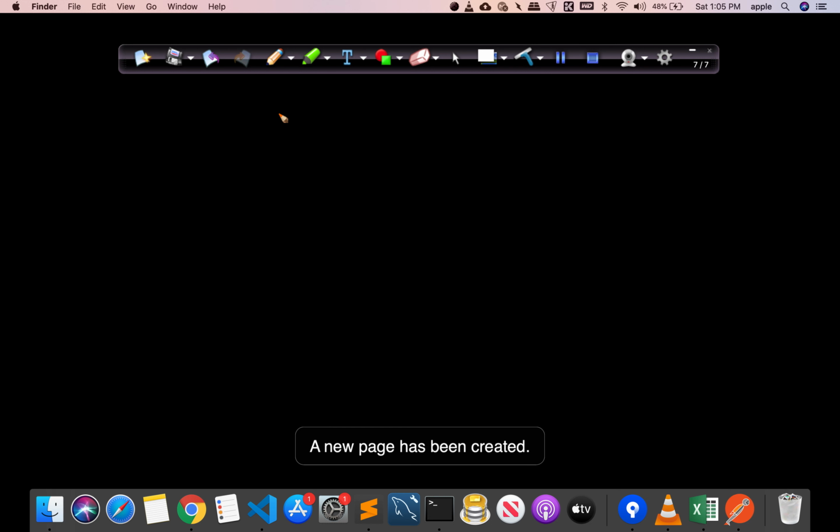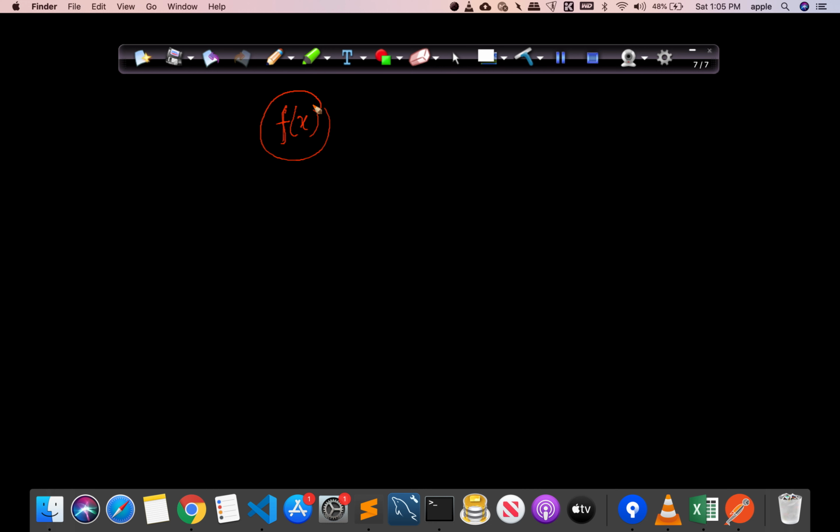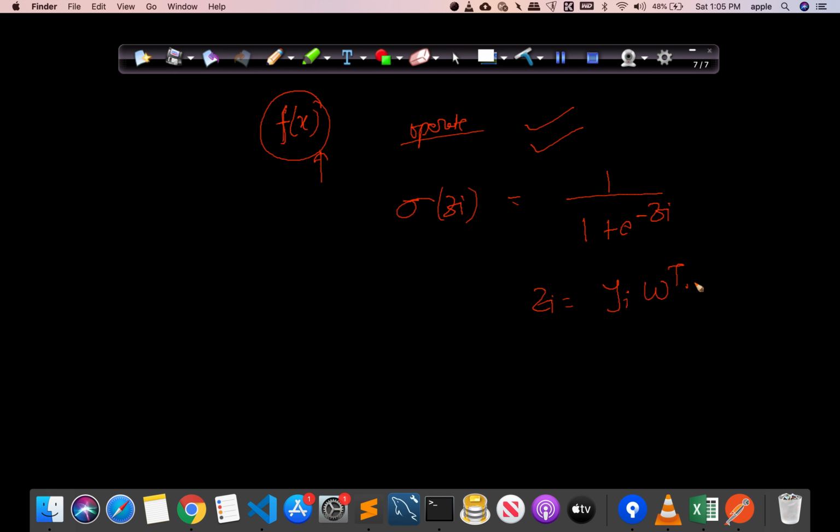Suppose there is a function f(x), and suppose this function is very difficult to operate on. I mean it is difficult to differentiate or difficult to integrate, depending on your requirement. In our case, we have sigmoid of zi, which is 1 upon 1 plus e to the power minus zi, and zi is yi w transpose xi.